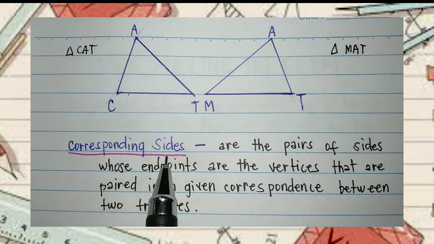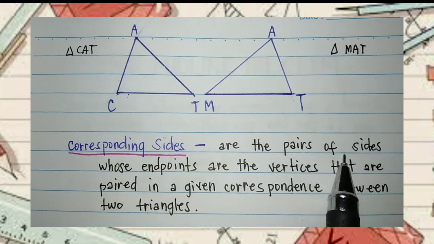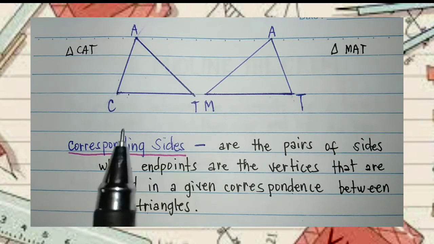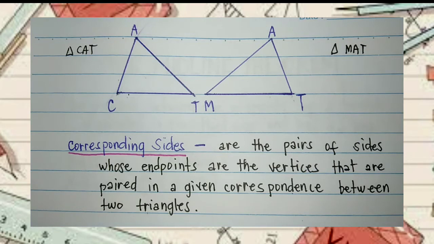The corresponding sides are the pairs of sides whose endpoints are the vertices that are paired in a given correspondence between two triangles. Yung corresponding sides natin ay sila yung magkapares na sides na yung endpoints nila, yung kanilang vertices, ay mai-pair mo sa vertices ng isa pang triangle.